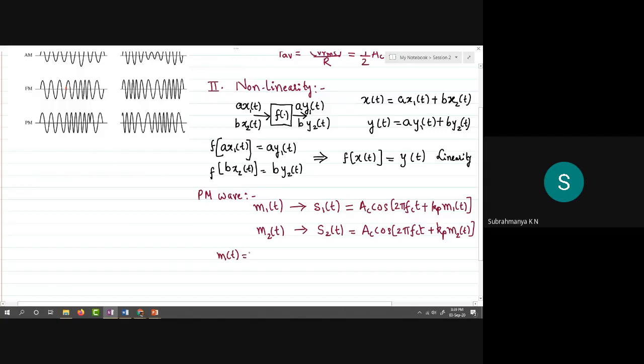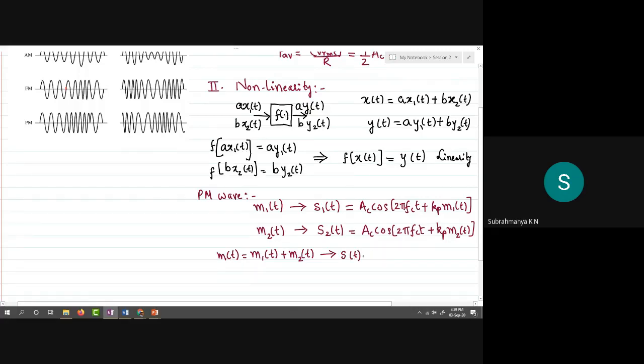I take those constants a and b as unity for the simplest case, where similarly we had a times x1 of t plus b times x2 of t. Now I have made a and b unity, and I make a linear combination of these two message signals. If I process it through PM or phase modulation, what is my S of t?